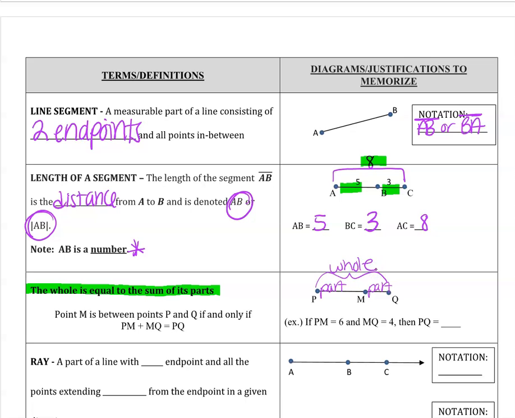Kind of makes sense, right? And that's what's being described right here. So if PM equals 6 and MQ equals 4, using the idea the whole is equal to the sum of its parts, part plus part equals whole, I know the distance from P to Q would be 10 units.